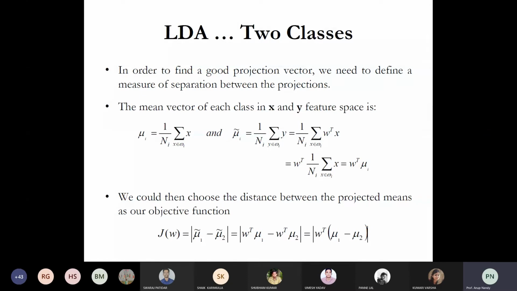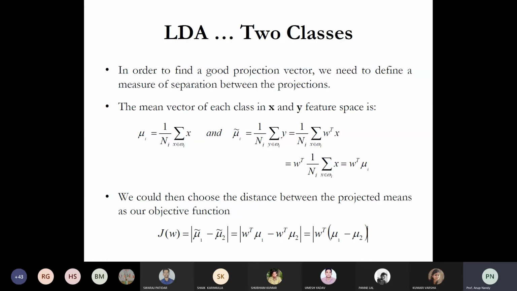Okay, so now in order to find a good projection vector, you need to define a measure of separation between the projections. Please keep in mind that you have to maximize the between class variability and minimize the within class variability. Whenever I say between class variability, it means you have to consider the mean.